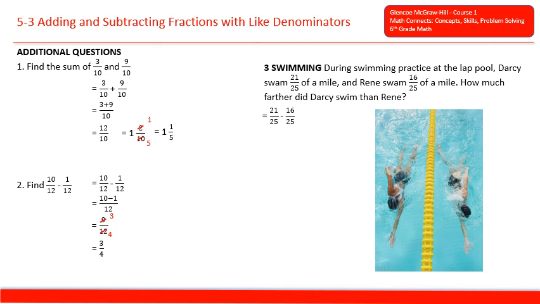And we'll subtract the 16/25 from the 21/25. And if we just rewrite that, 21 minus 16 over 25, we'll get 5/25. And we have a common factor of 5, so we can divide 5 by 5 and get 1, 25 by 5 and get 5, and we get 1/5.